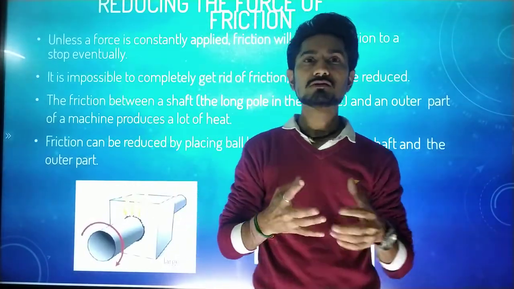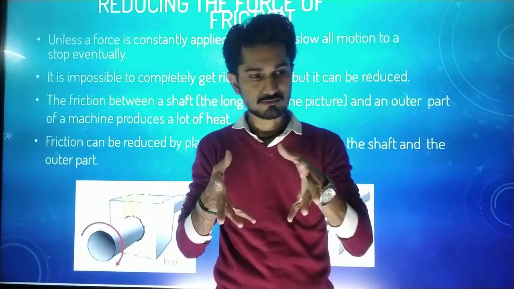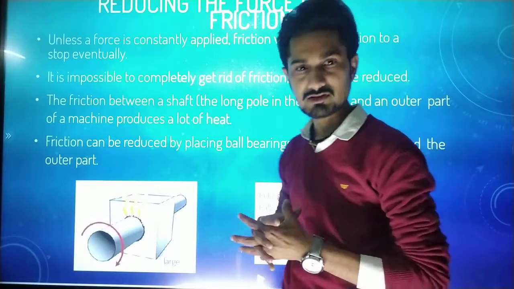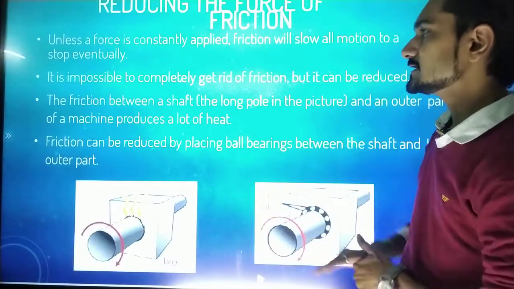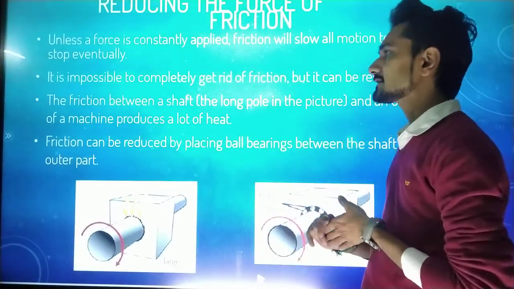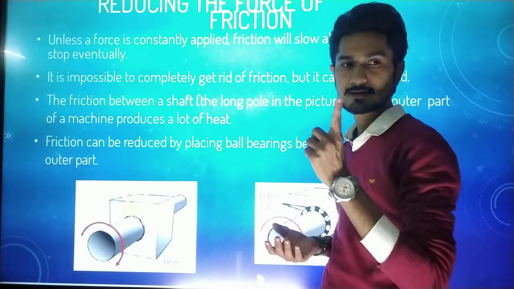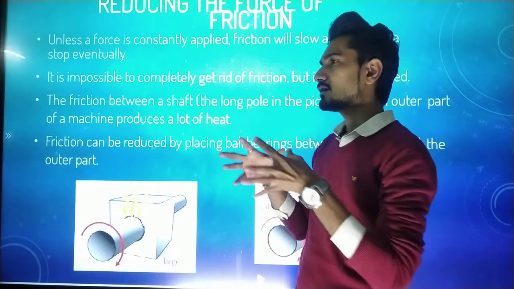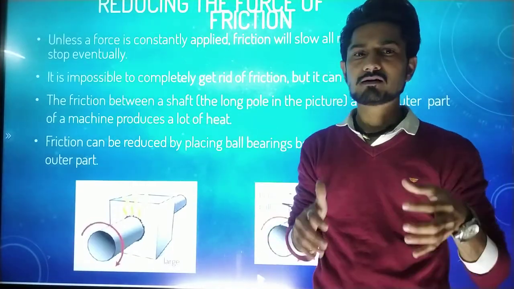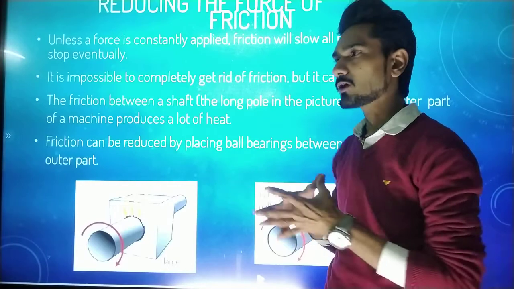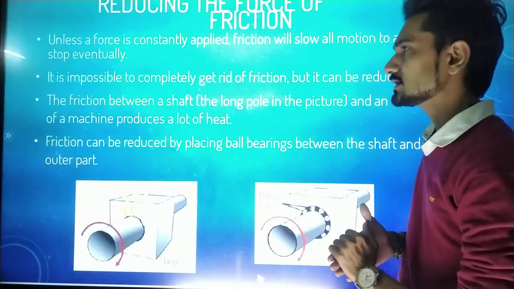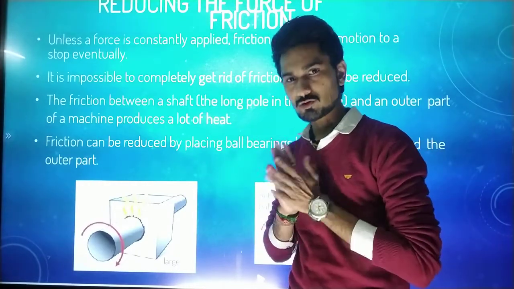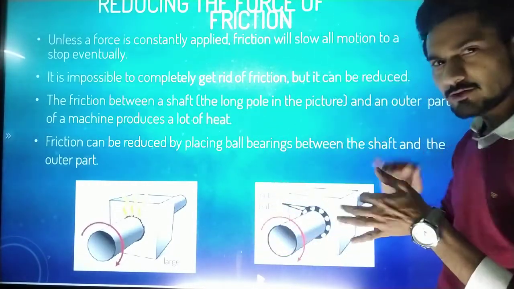So for that we have to reduce the friction. It is impossible to completely get rid of friction. Friction cannot be fully decreased down to zero. It is not possible, so we can only reduce friction.